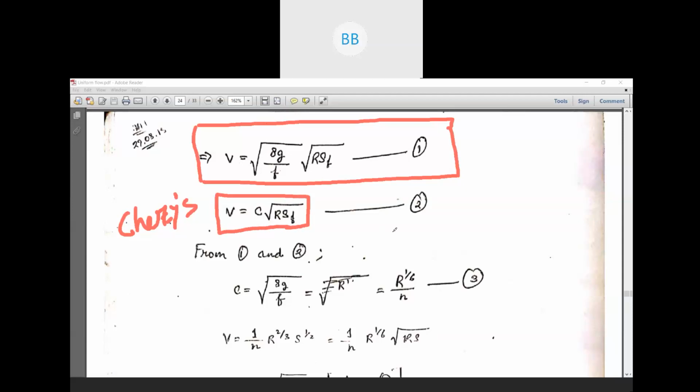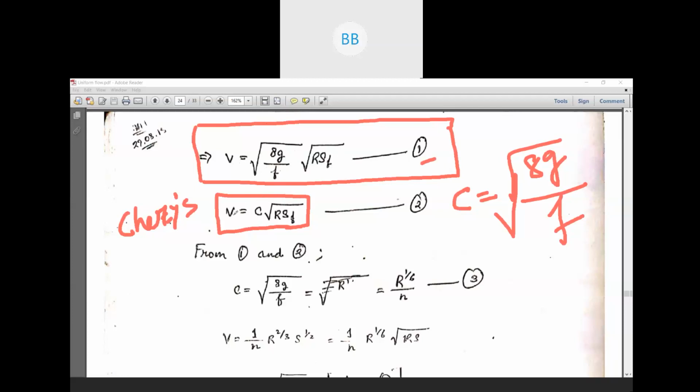So from these two equations, 1 and 2, you can write C is equal to root over 8g by f. From this equation, if you compare, V is equal to root over 8g by f multiplied by root over R into SF, that is our equation number 1.